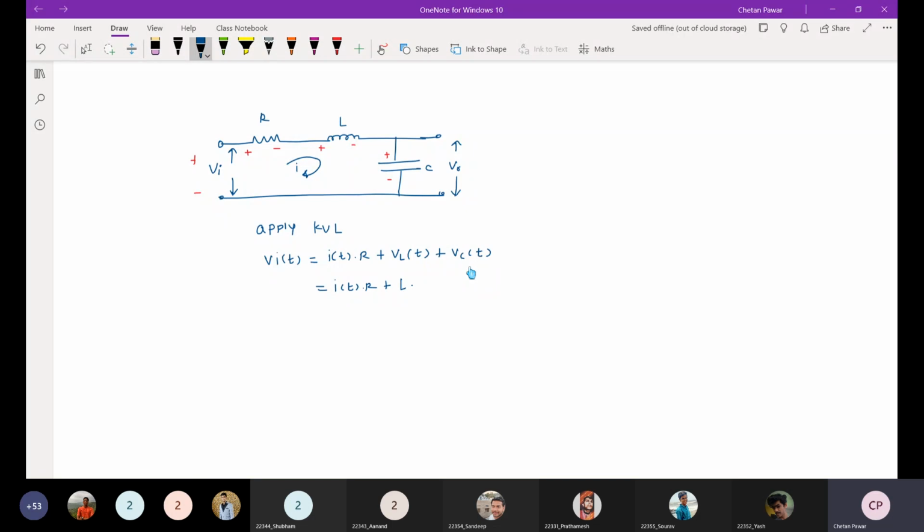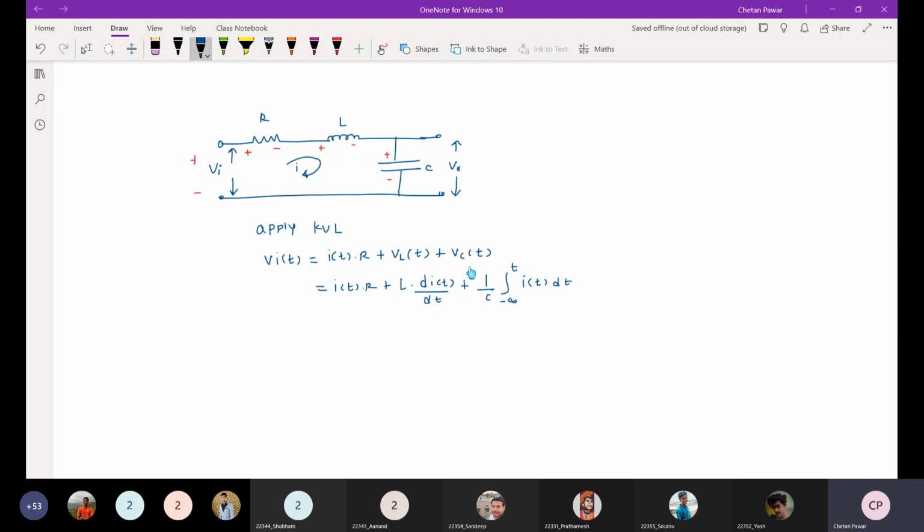L into di by dt, the differentiation of the current. And what is the voltage across the capacitor, with current I flowing through it? It is 1 by C integration from minus infinity to t of I of t dt.